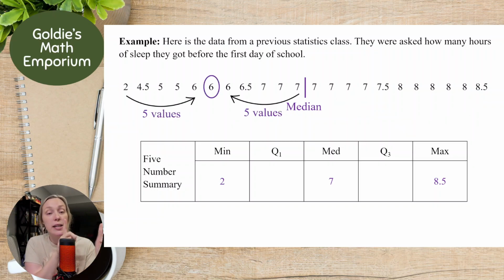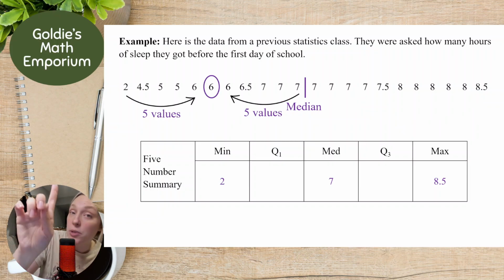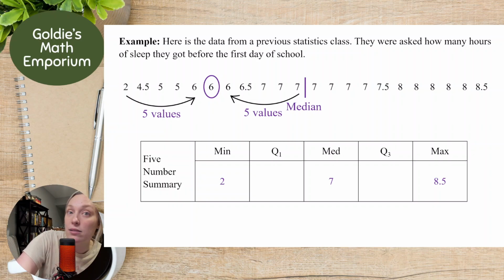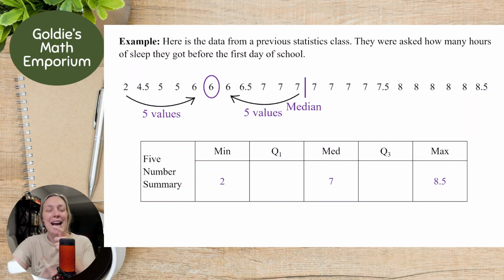So like Q1 here, we count from the lowest, not including the median, up to the number right next to the median, the one lower than the median. We count 5 values in, and that puts us at 6. And 6 is going to be our first quartile there. Okay, so you can see why some people call it the median of the median, right? Because it's the middle of the left side of the median.